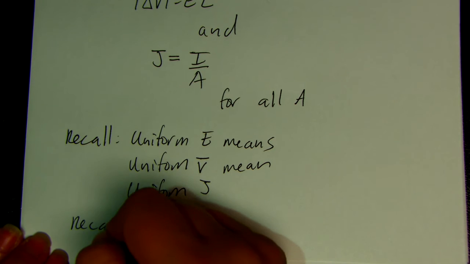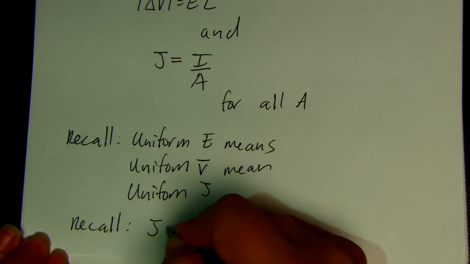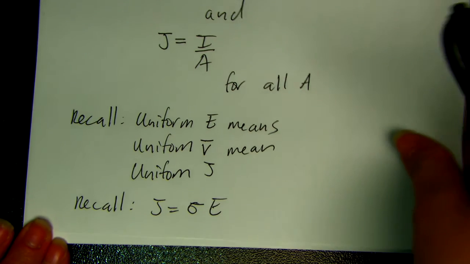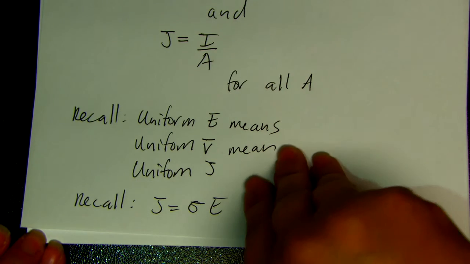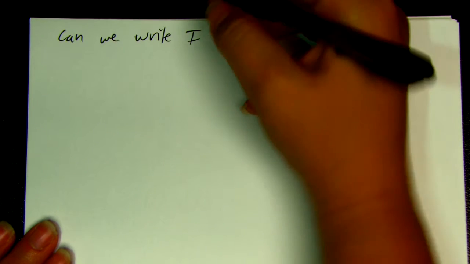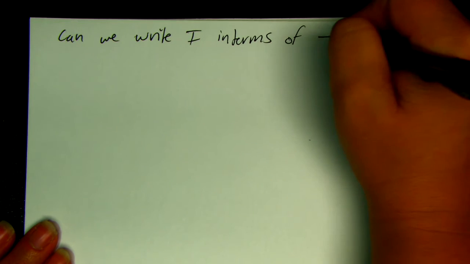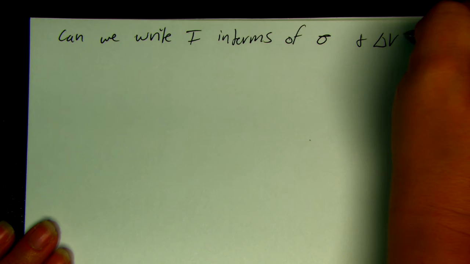And we also recall that J, current density, is equal to sigma, conductivity, times the electric field. And we might want to ask, can we write I, conventional current, in terms of conductivity, sigma, and delta V?